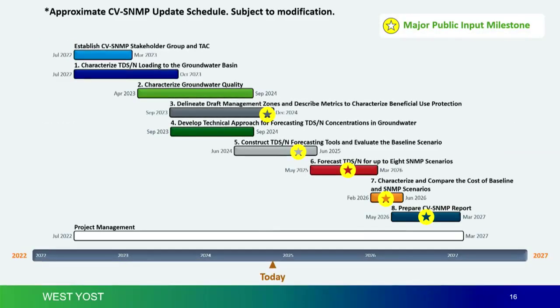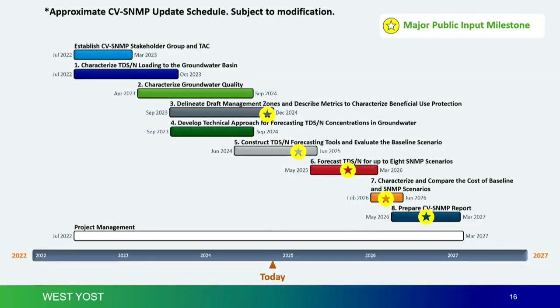And this breaks down our scope of work by task. So you see 9 bars up here that span from 2022 to 2027. The first bar is to establish our stakeholder groups, but then each one of these subsequent tasks are numbered. And we have completed some, and we are in the process of completing others, and then there are future tasks.